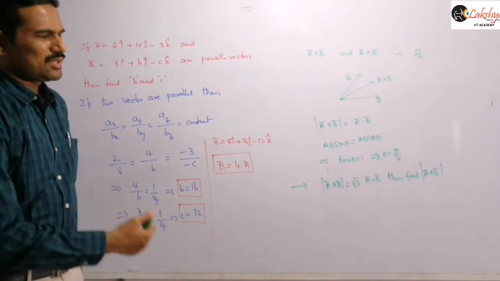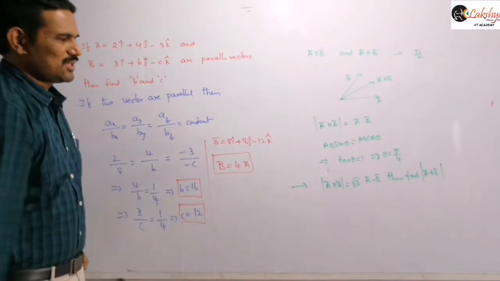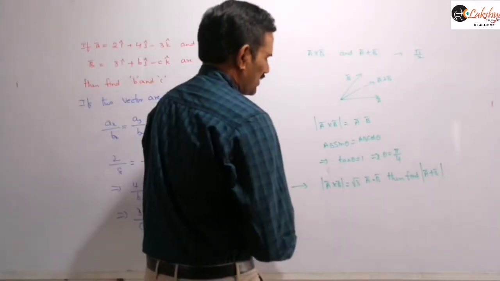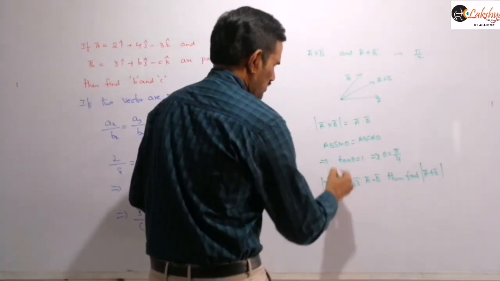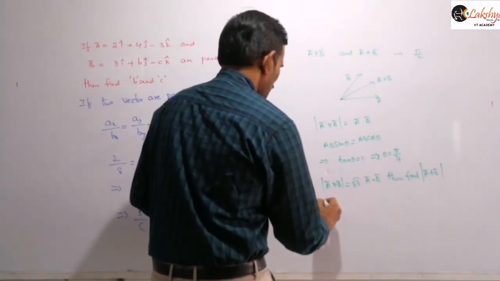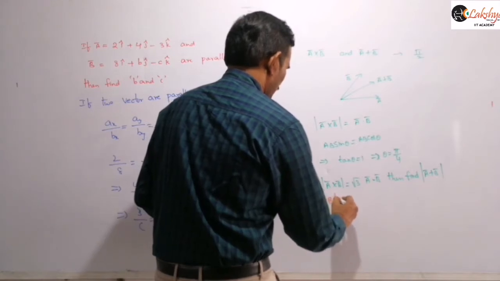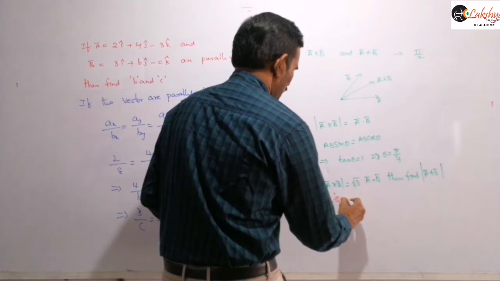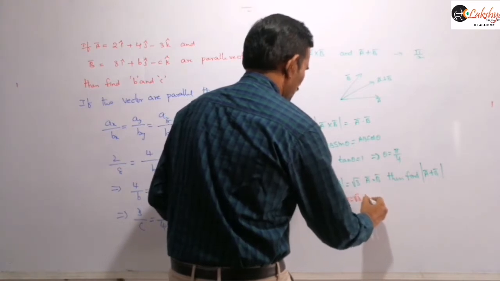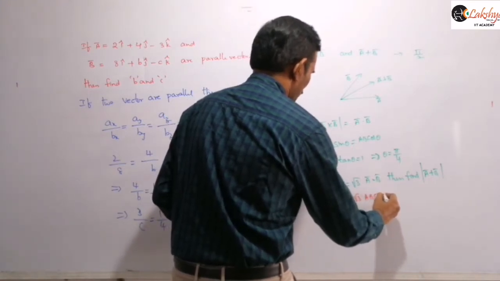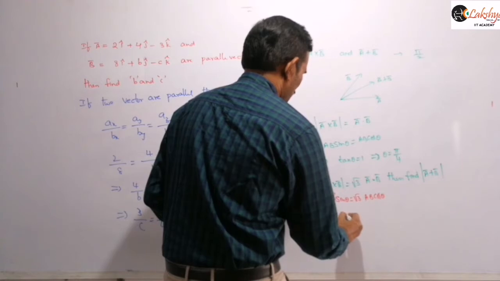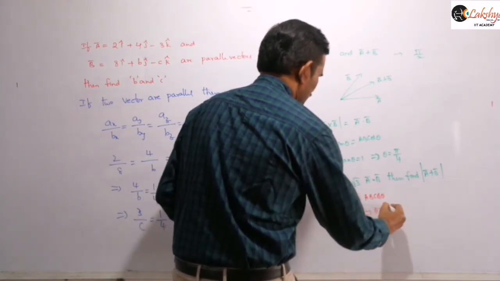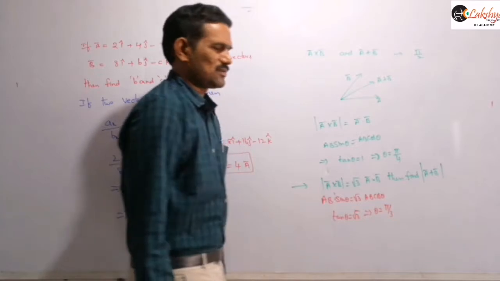Then simply you can use our relation here. From this you can write AB sin theta is equal to root 3 into AB cos theta, and therefore tan theta is equal to root 3. So theta is equal to pi by 3, 60 degrees.